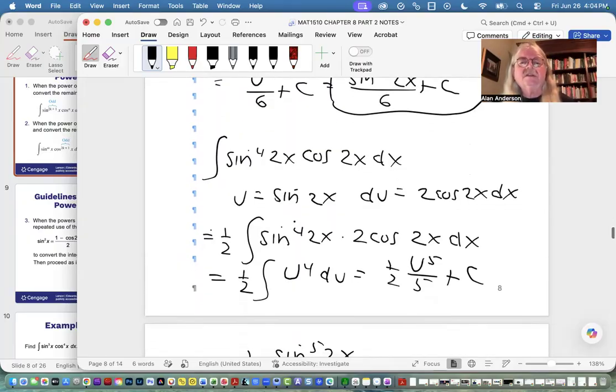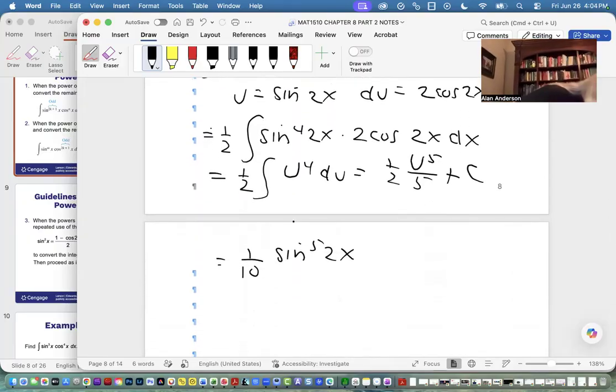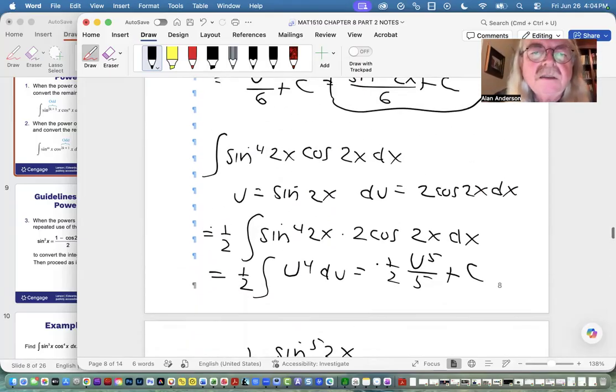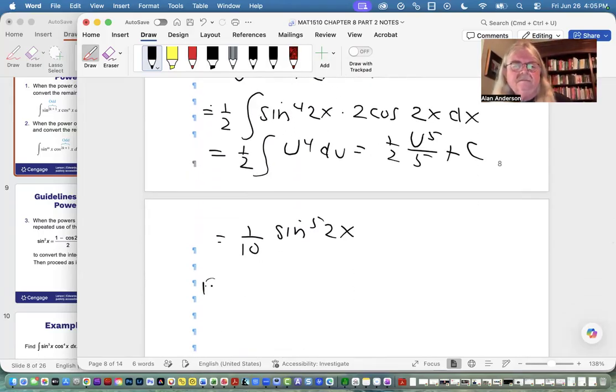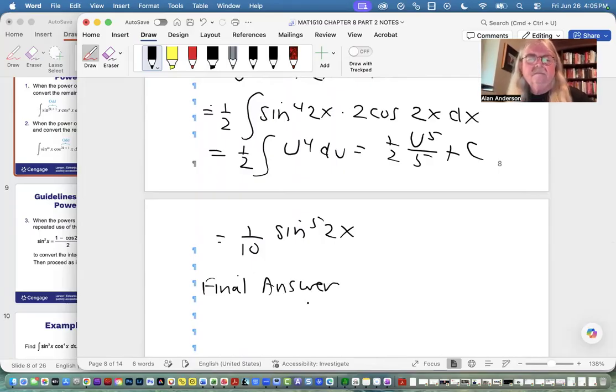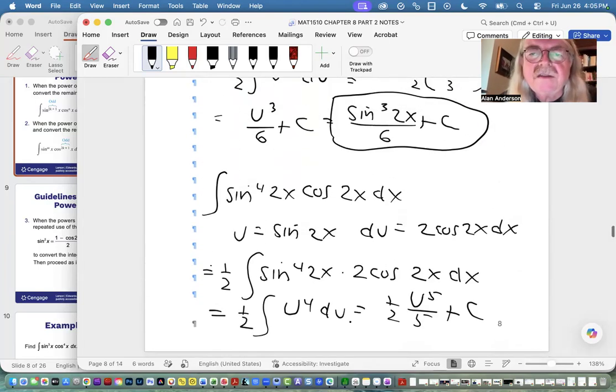So the final result is, hold on one second. Let's go get our results. Sine cubed 2x over 6.